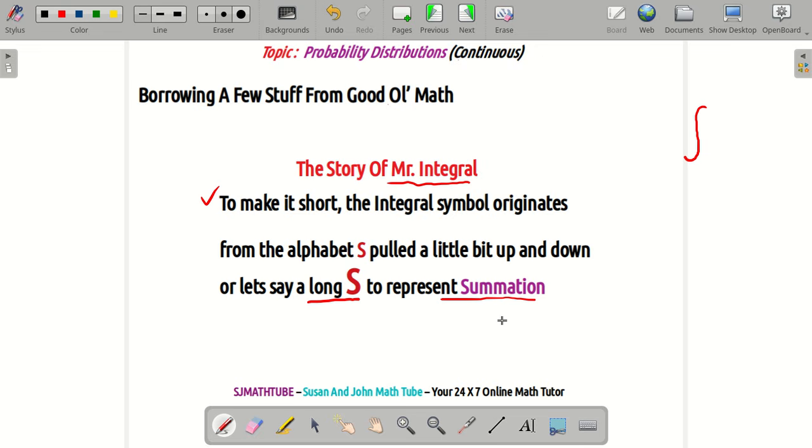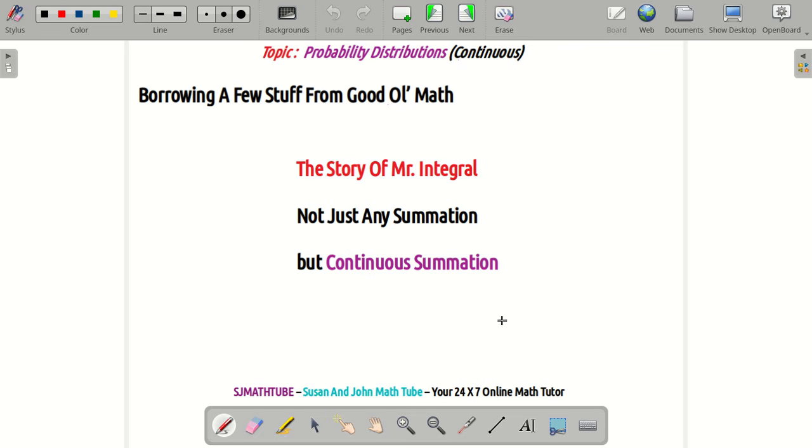And not any summation, but continuous summation. So you might be wondering, what's the difference between summation and continuous summation? Take a look at sigma n is equal to 1 to 5 n square. This sigma stands for discrete summation, not continuous summation.